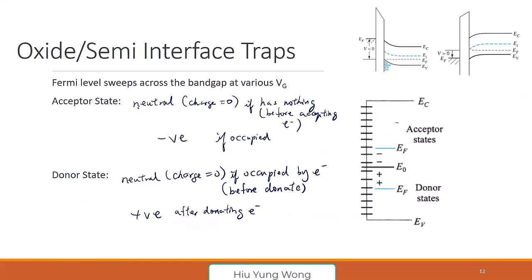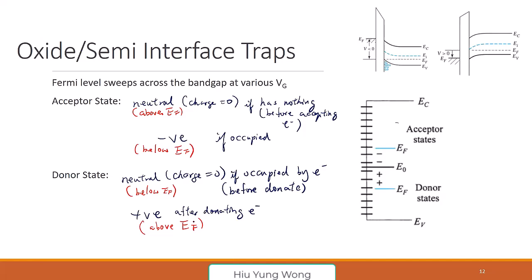When it is empty, it must be above the Fermi level. When it is occupied, it means it is below the Fermi level. Same for donor. When it is occupied, it is below the Fermi level. When it is empty, it is above the Fermi level, right?